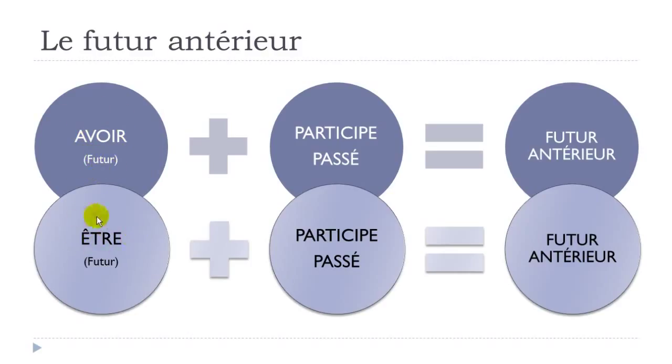Okay, and if you use être for some verbs or one verb at the passé composé, it will be exactly the same thing, but keep in mind that here it should be at the futur form.